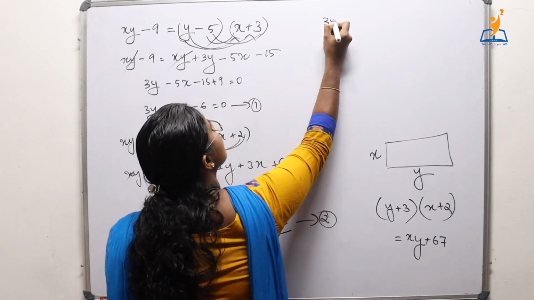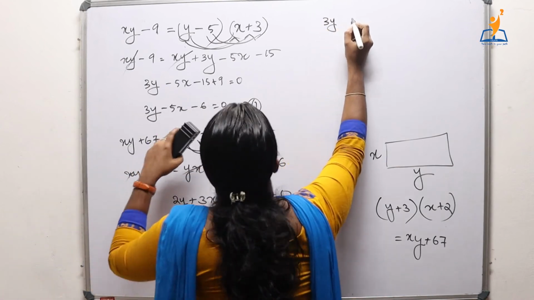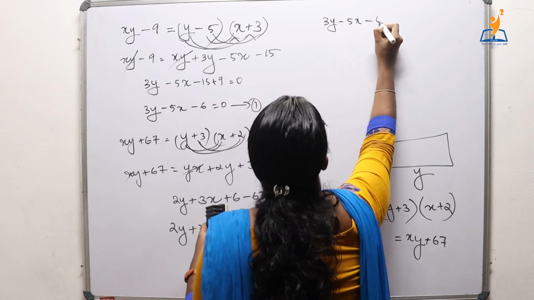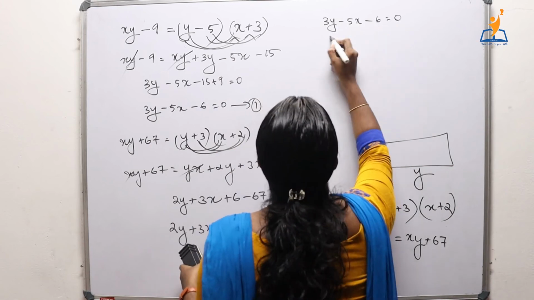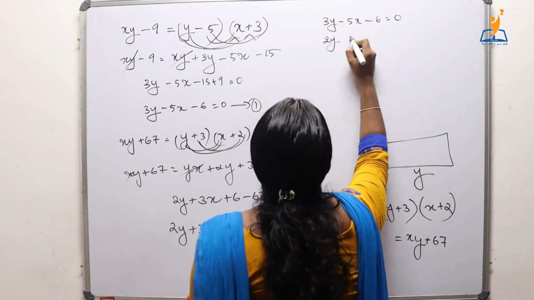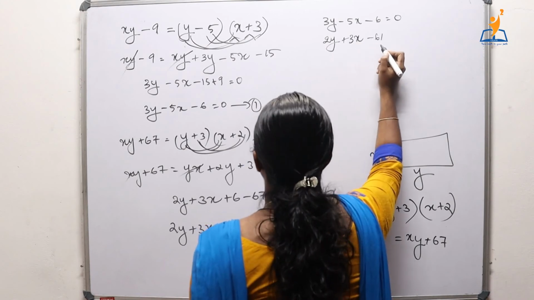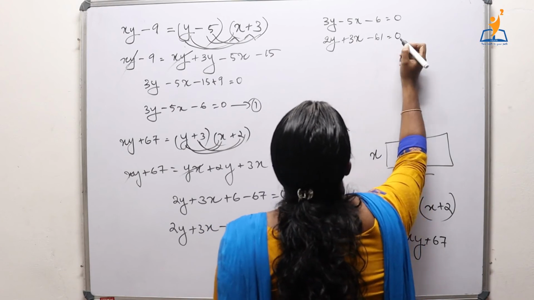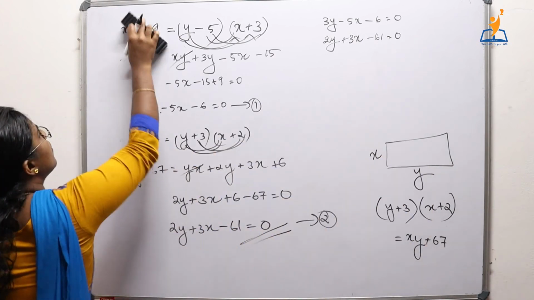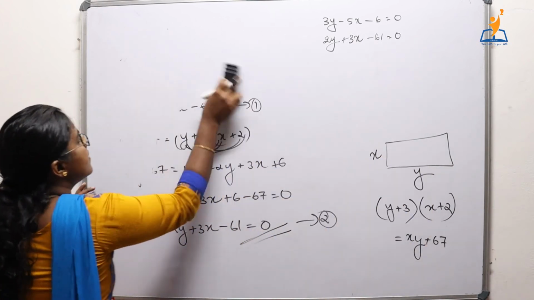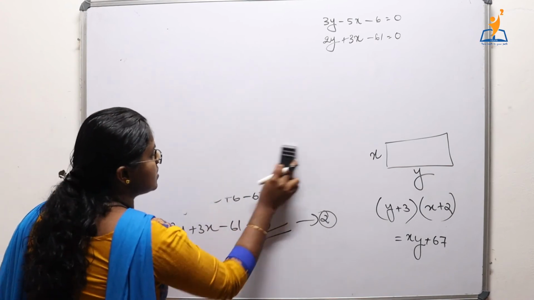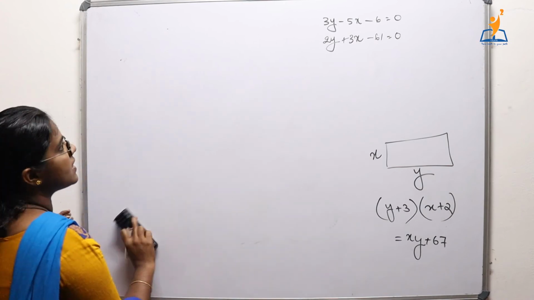So we got a pair of linear equations in two variables. The first equation is 3y minus 5x minus 6 is equal to 0. Second equation is 2y plus 3x minus 61 equals 0. Now we want to draw the diagram to solve this pair of linear equations using cross multiplication method.